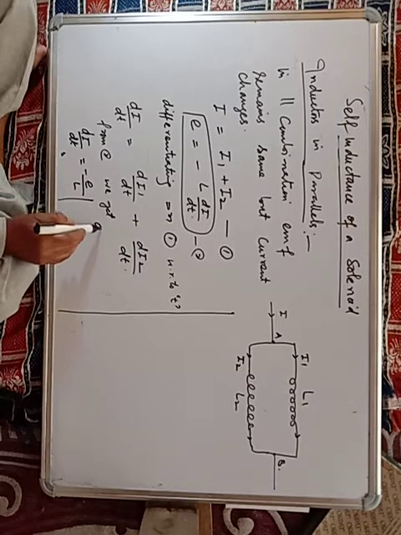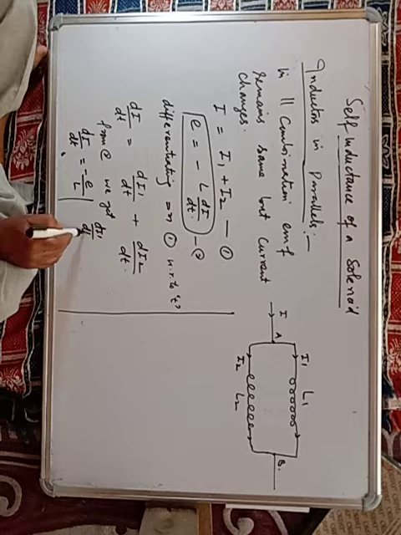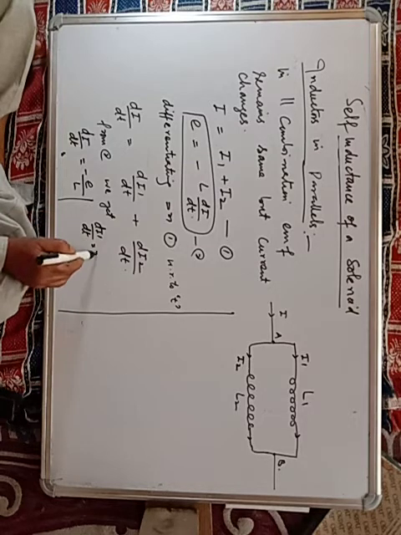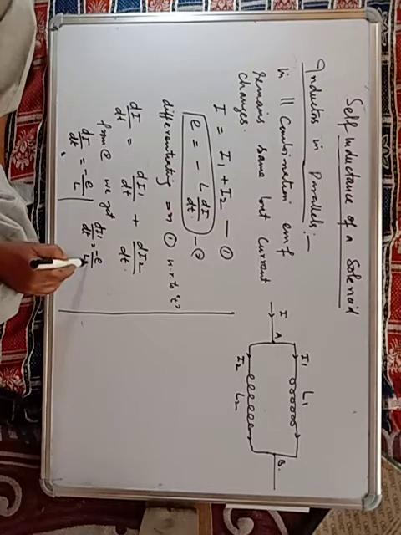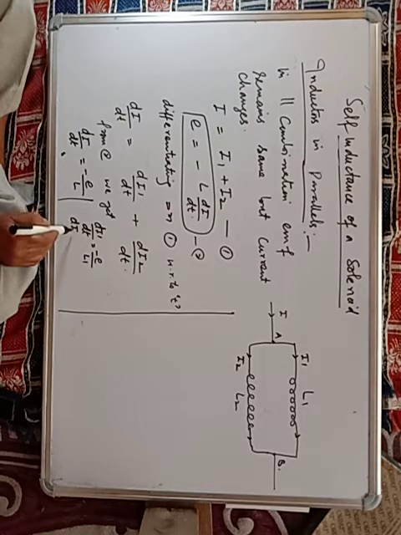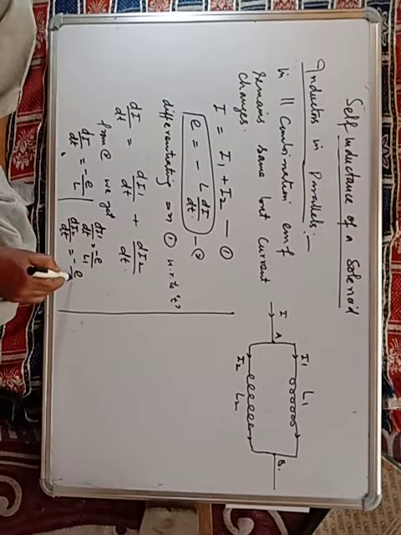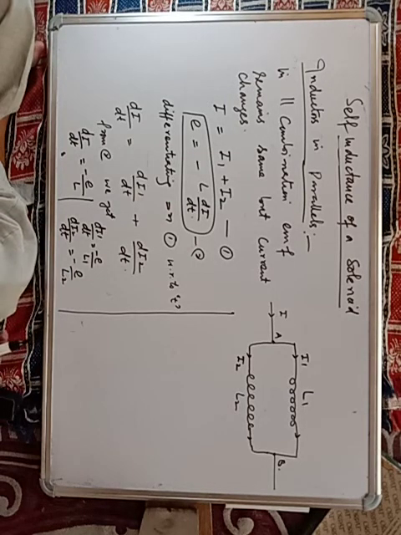Similarly, di2 divided by dt will become minus E divided by L2, because E remains same.